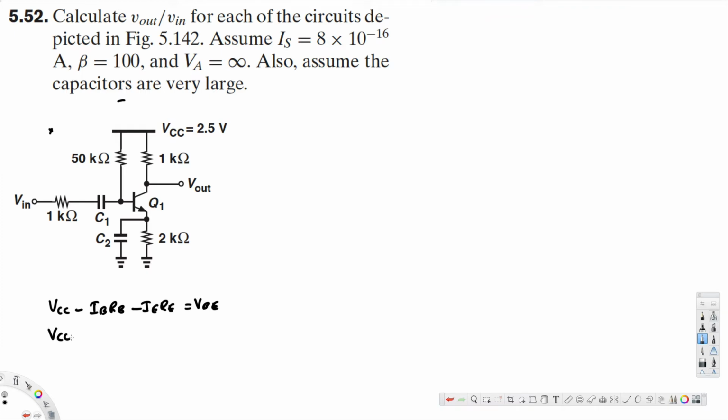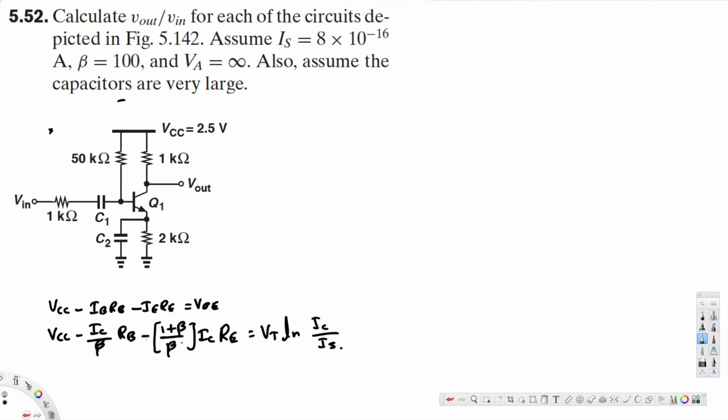So this is going to be VCC minus IC over beta times RB minus, instead of IE, we are going to plug 1 plus beta over beta times IC, because both of them are equivalent. We want just one unknown variable, that's why we create this, and our purpose is to find IC, because that's what is required to find the transconductance. So we replace IB and IE with this, times RE, that's equivalent to VBE. Instead of VBE, we can plug in VT ln of IC over IS.